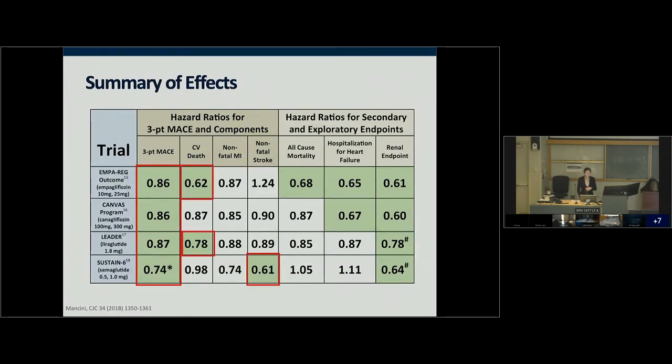But only empagliflozin and liraglutide actually showed a decrease in cardiovascular death. Only SUSTAIN-6, which was semaglutide, showed a reduction in stroke. And only the SGLT2 inhibitor showed a reduction in heart failure hospitalization. But all of them showed some sort of renal protection or renal benefit.